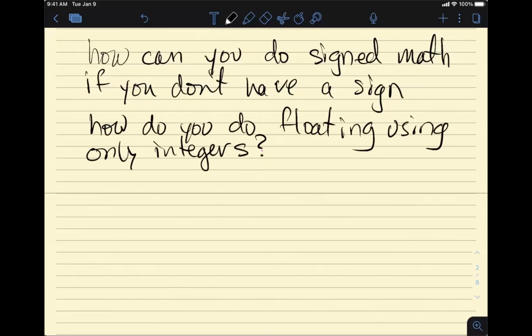Okay, so the answer to the first question here is floating point exponents are an example of doing signed math without having a sign bit.